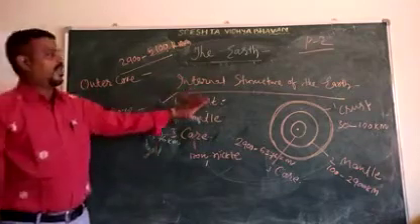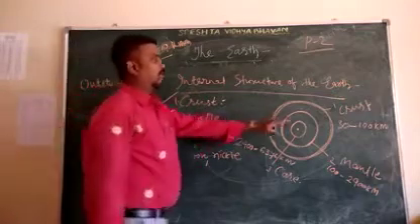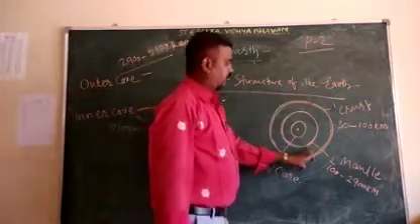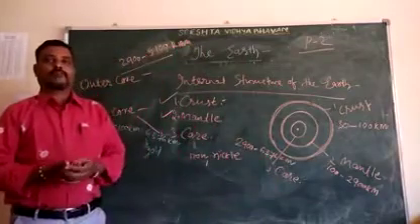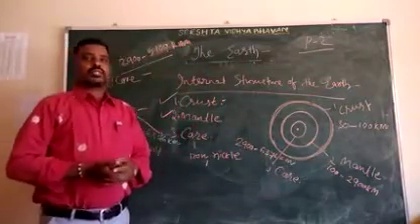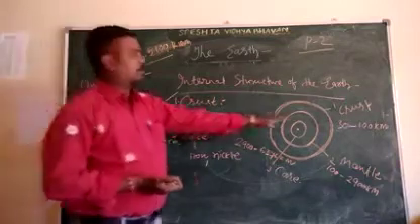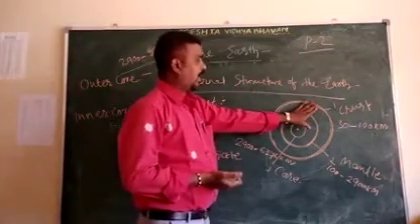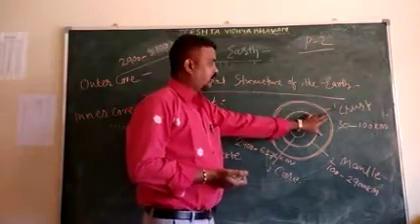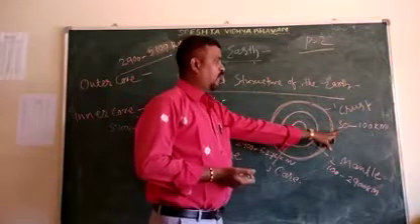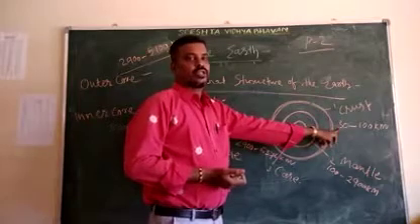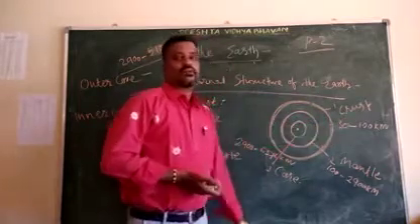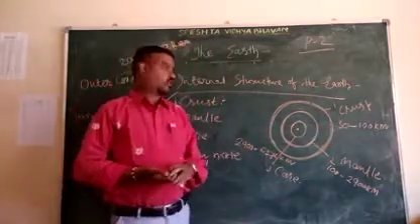The earth is made up of three layers: first crust, second mantle, and third core. The crust is the upper layer, where we are living on the earth. The thickness of the crust is 30 to 100 kilometers, and here we can find different kinds of rocks.